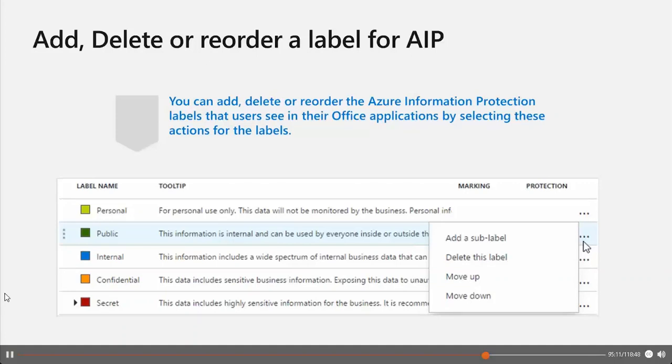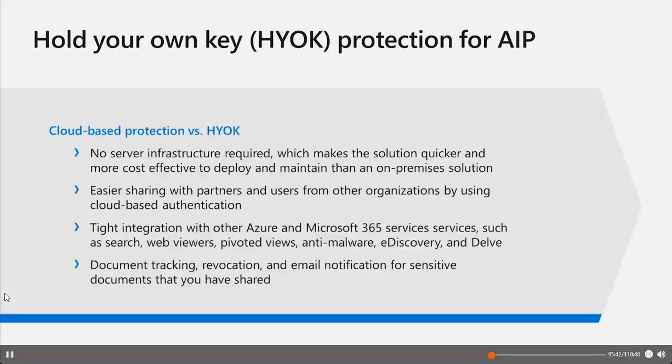Or you can use, for example, Secret with a sub-label that is just for executives or whatever, to define specific control mechanisms for the information that is labeled and protected with this label itself. You also can reorder the information protection labels so that you can show it to the user in a specific way and to build up the specific sensitivity levels in this order.